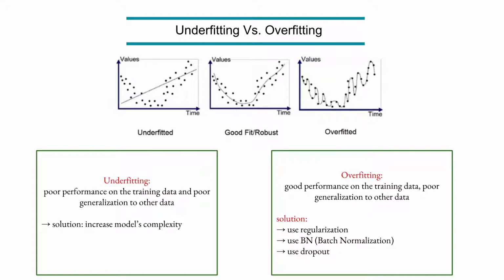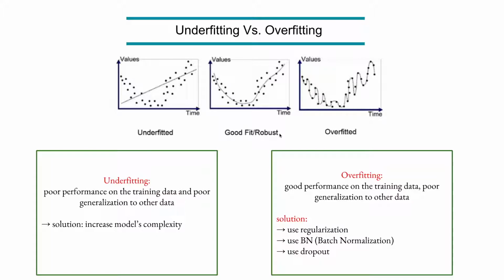Underfitting is poor performance on the training data. So we have data of this shape, and the model predicted this kind of line. It's a kind of linear function. So this is underfitting because it performed very badly on training data, and also has very poor generalization on the other data as well.